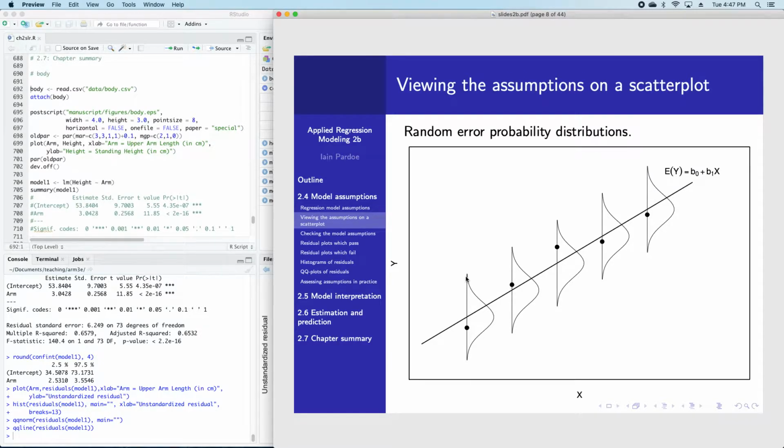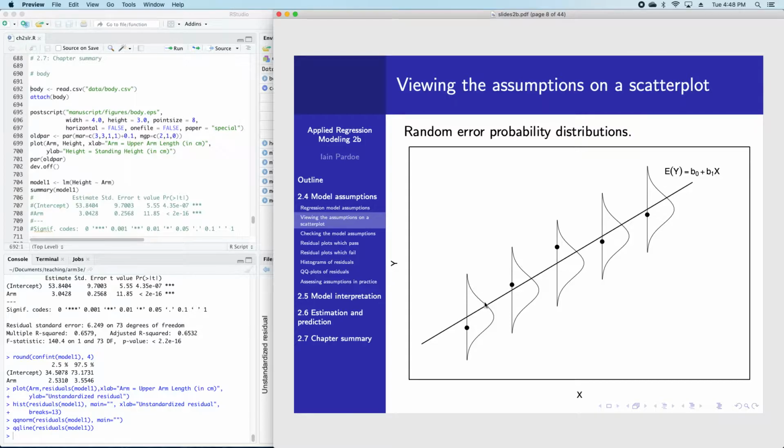And then what I've done here is I've drawn a line with a bell curve above it representing the probability distribution of the error term for each observation, so at each value of x. So there's one for each of the 5 observations in this graph, and this first one, the point on the regression line, corresponds to the most likely value of the error, the part at which the bell curve is at its peak.